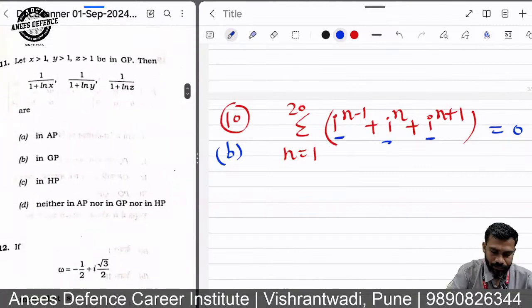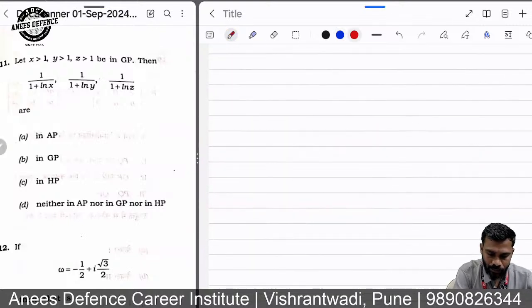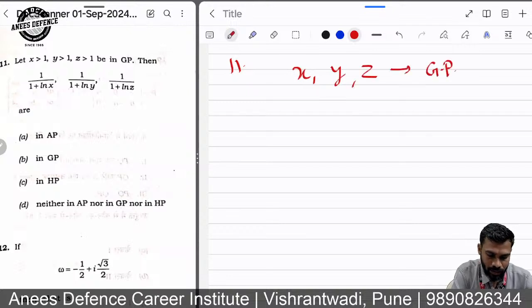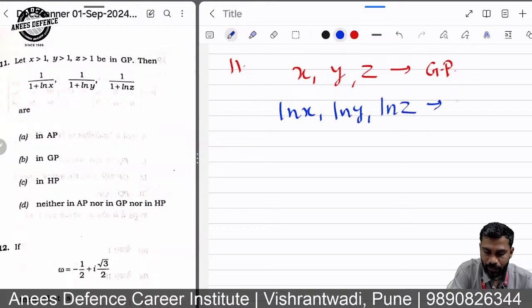Question number 11. See, what is there? X, Y, Z are in GP. So we already know the property: if you take log, ln x, ln y, ln z will be in AP, right? Now we need to add 1 to each and every term.